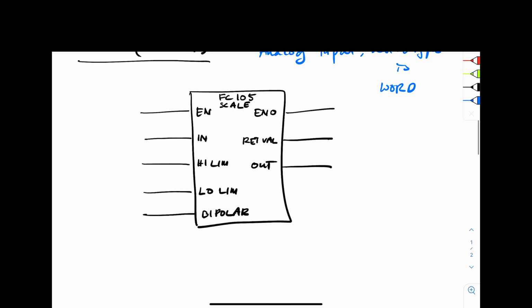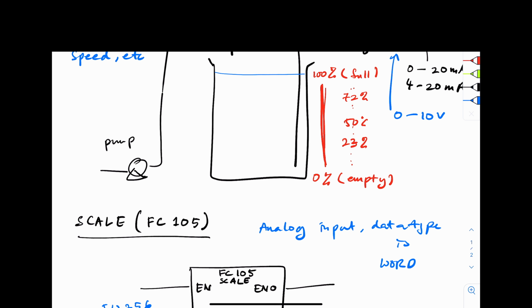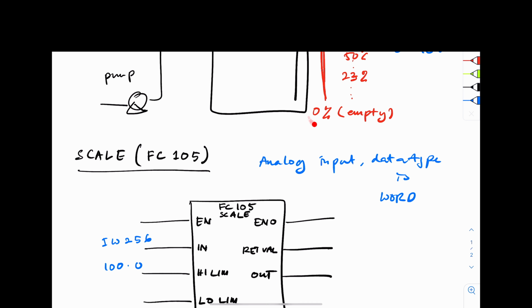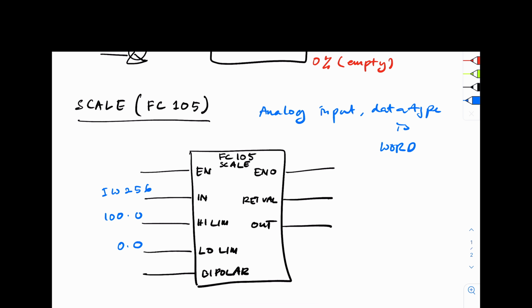So we can write here the address for input is IW256. For the limit of the tank, the high limit is 100%, so we write 100.0. The low limit is 0%, so we write 0.0.